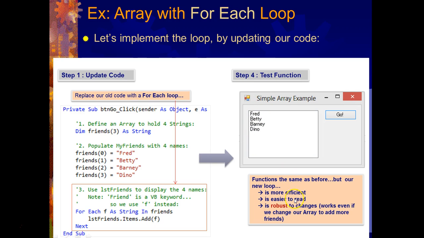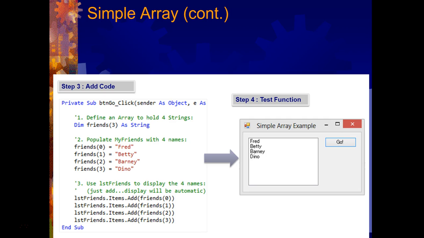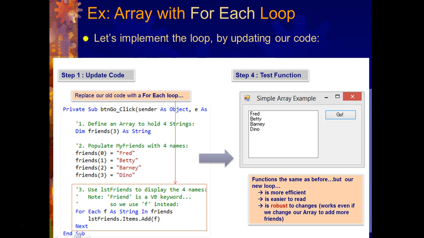He says it's more efficient and easier to read, and it's robust to changes. That means, in other words, if you make a bigger array, instead of just having these 4, suppose you had 10 people in your array, then if you're going to do it the other way, you'd have to keep adding more items here. But if you're going to do it this way, once you've created your array, you can just do this.